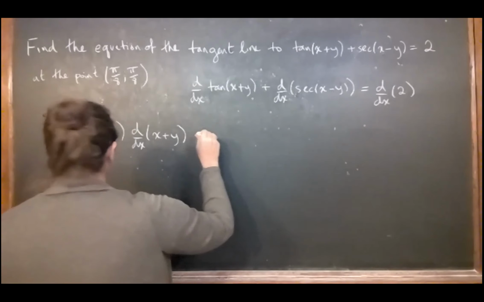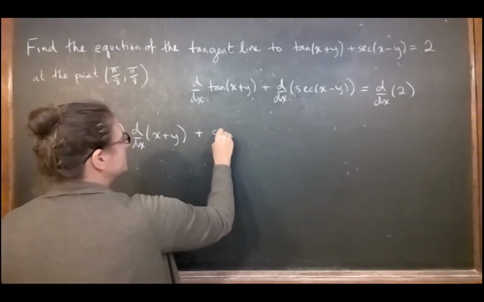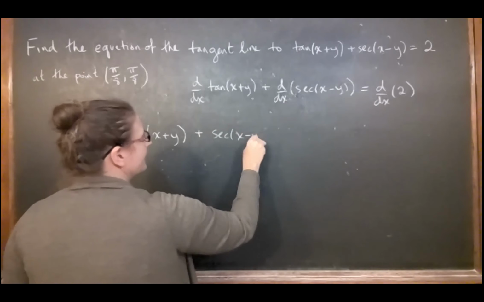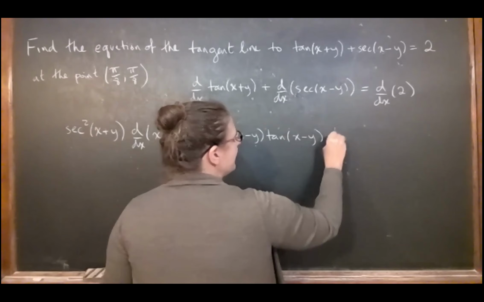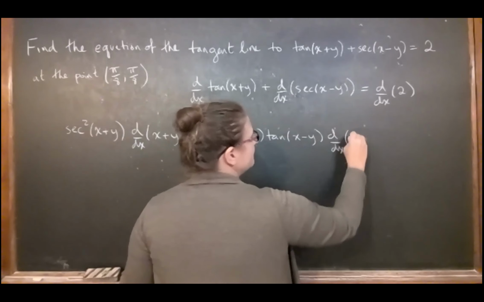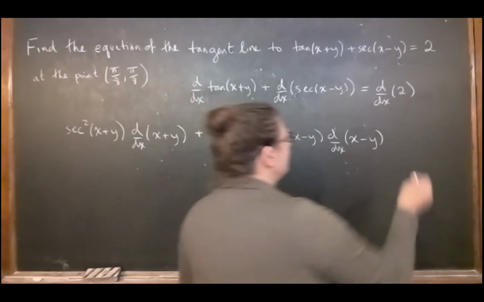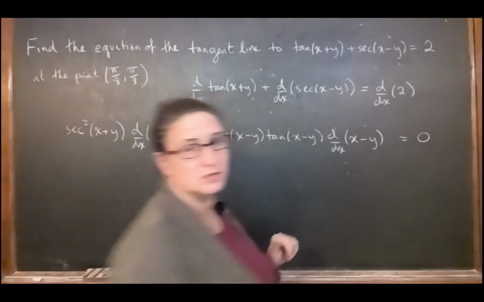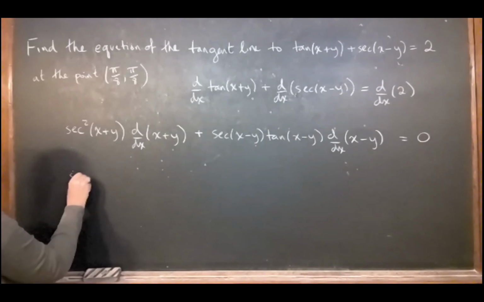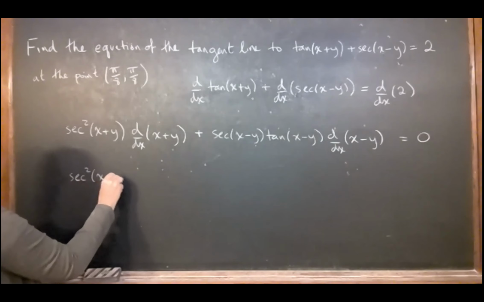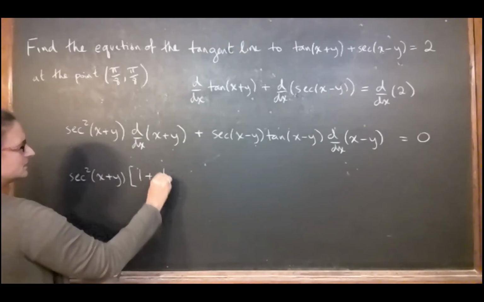So as we saw in another example, that x minus y goes in each of those: secant of x minus y, tangent of x minus y, and then I take the derivative of what's in the parentheses, which is x minus y, and the right-hand side is the derivative of 2, which is 0. So what I have here then is secant squared of x plus y times this is going to be 1 plus dy/dx.